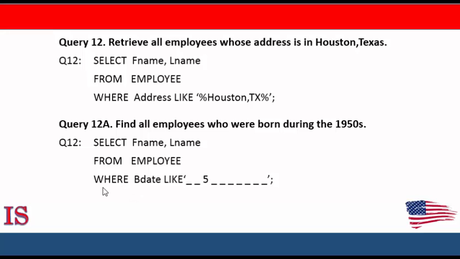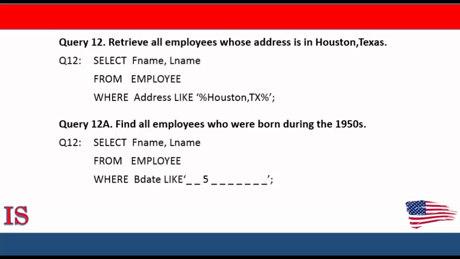In this example, where bdate like, quote, we are ignoring the first 2 digits. We're looking at the 5 and ignoring each digit after that, which will give us the desired result of everybody born in the 1950s. By the way, this same query would work if we had the underscore 5 and then the percent. It would accomplish the same thing.